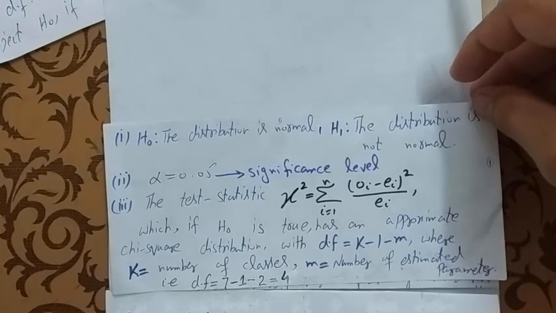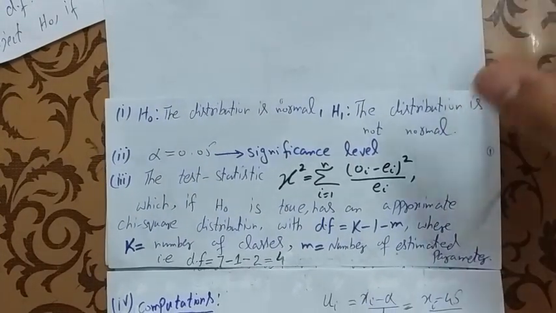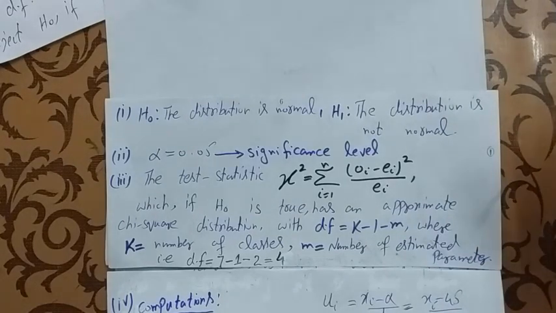In the second step, choose the significance level alpha, which is given as 0.05.